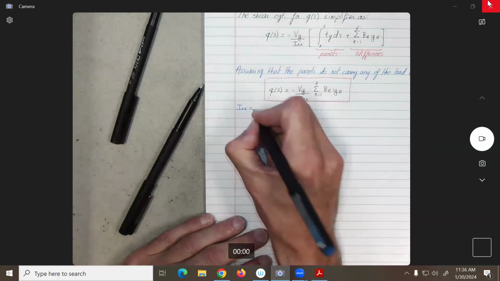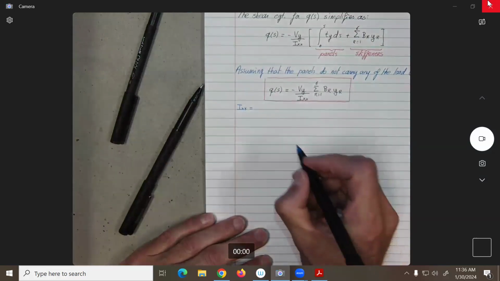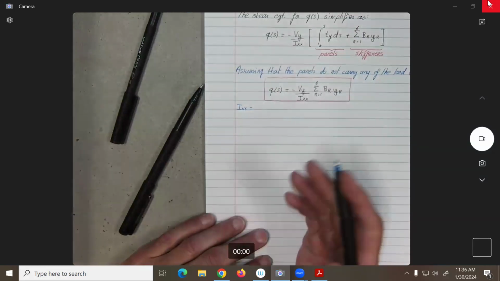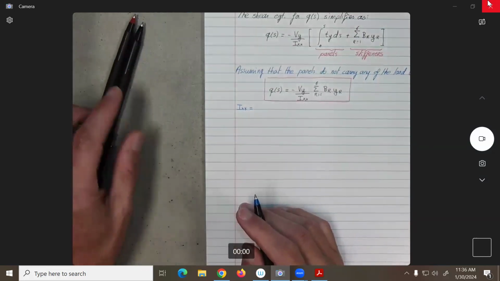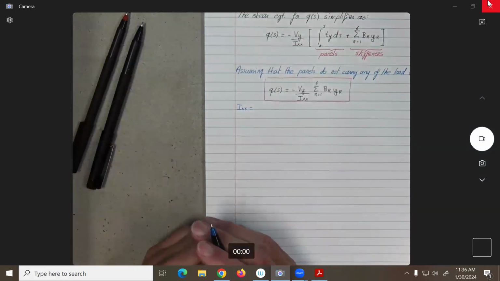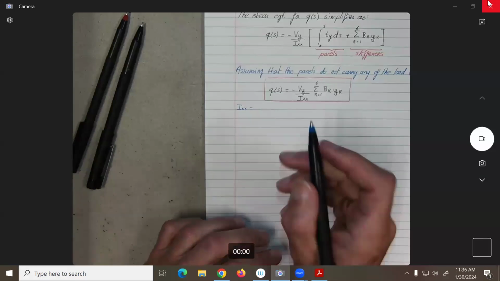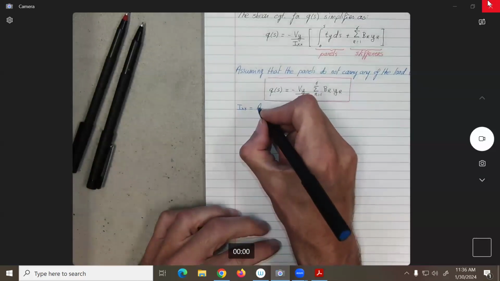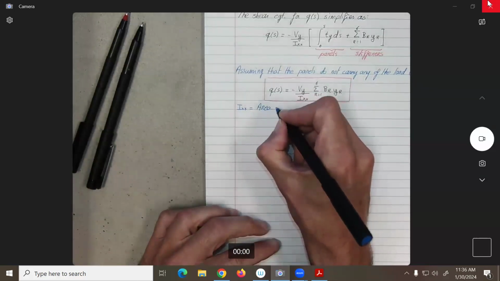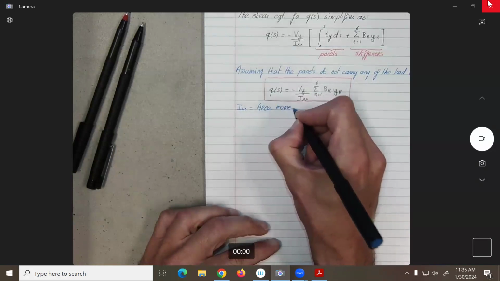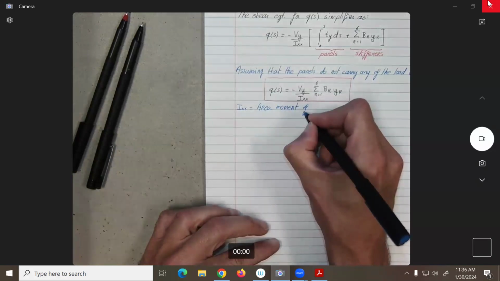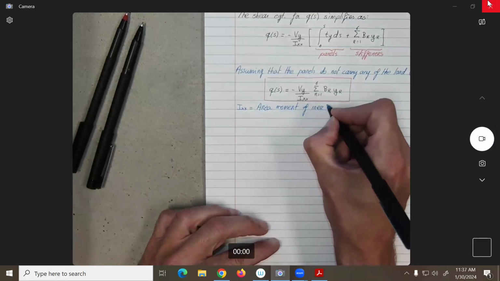Ixx. What is Ixx? What is I? In the equation, you need to go back to the definition. Tell me what is Ixx. It is the area moment of inertia.